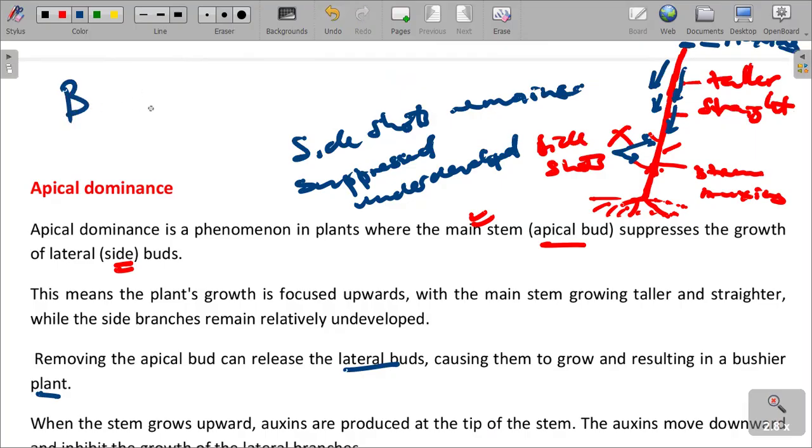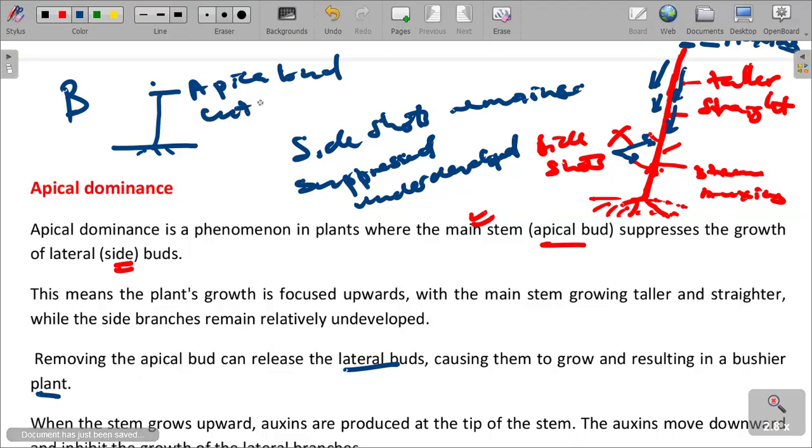In plant B, we have our stem, and if this part of the stem, the apical bud, is cut off, it releases the lateral buds. It causes the plant to develop side shoots.